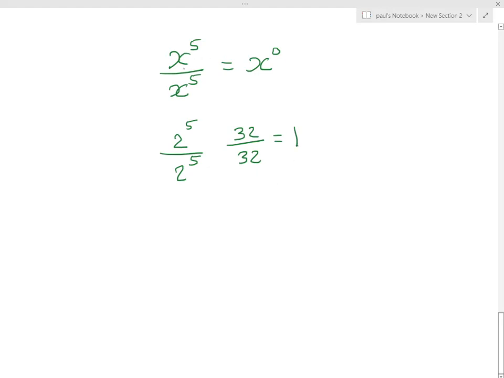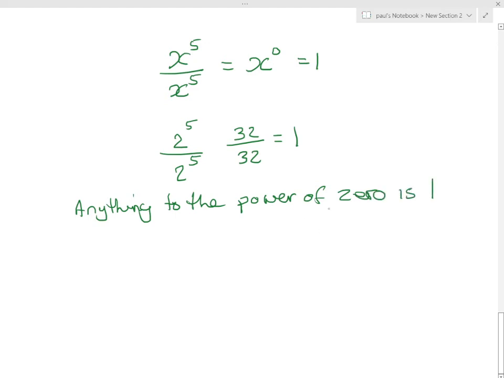We're dividing it by itself, so x to the 5 divided by itself is going to be 1. So x to the 0 equals 1. So another rule there is anything to the power of 0 is 1. Anything to the power of 1 is itself. Anything to the power of 0 is 1.